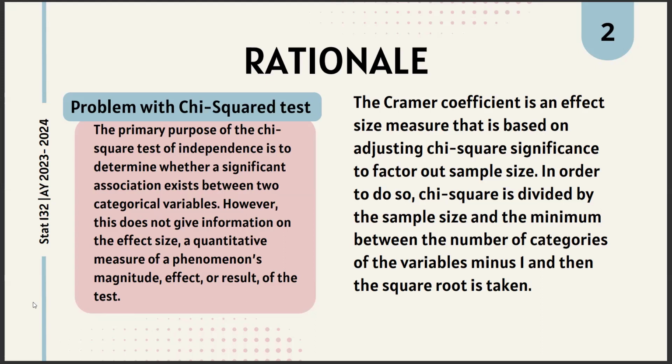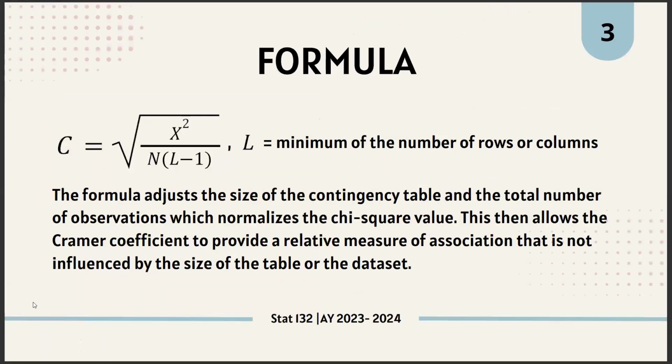We will also take a look into why we're considering the minimum between the number of categories of the variables. So to see this, C is equal to the square root of the chi-square statistic all over L minus 1 times N, where L is the minimum of the number of rows or columns.